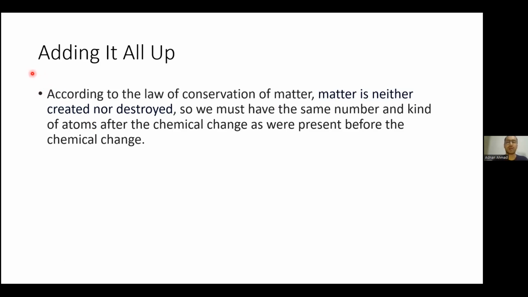Another thing in adding it all up, which is a very important point, is the law of conservation of mass or law of conservation of matter, which says that whenever a chemical reaction takes place, whenever the reactants are converted into products, the mass is retained.